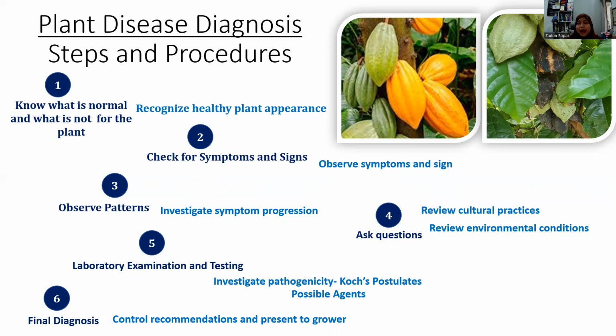So observing the patterns will also help plant pathologists or students to understand whether the problem on the plants is caused by a disease, abiotic or biotic factors. Normally for abiotic factors, the pattern is uniform.